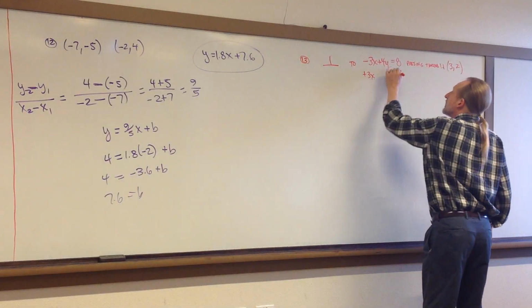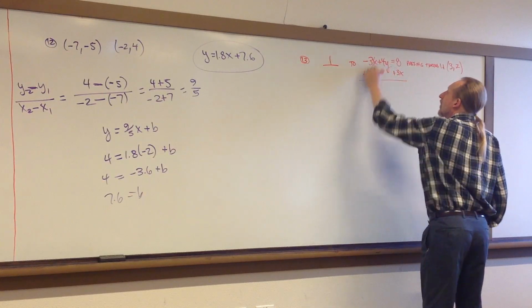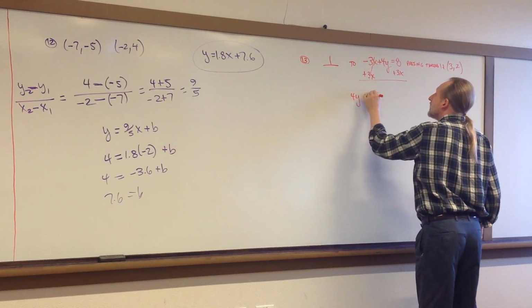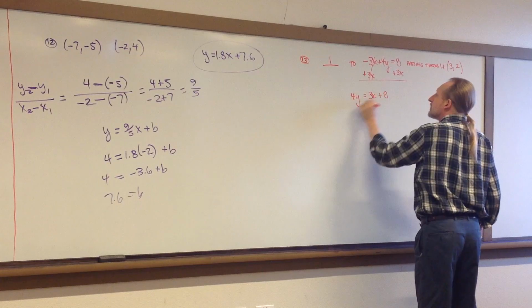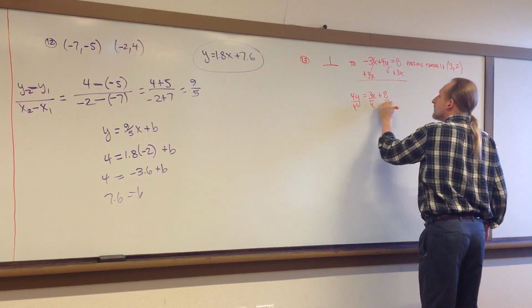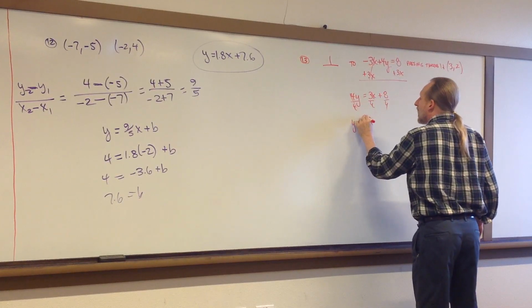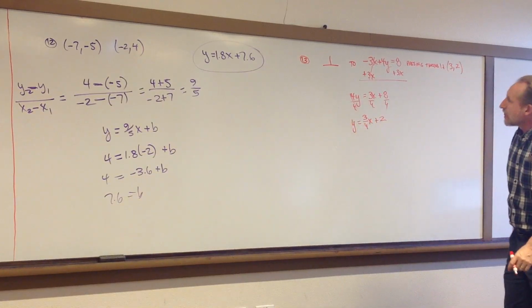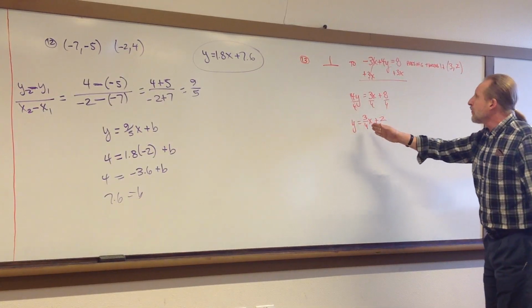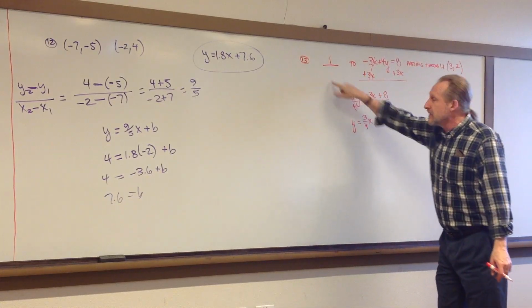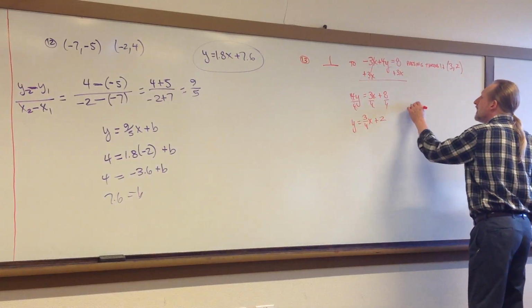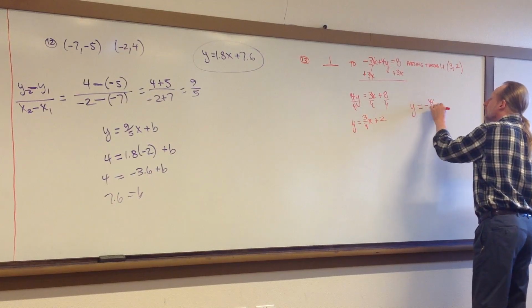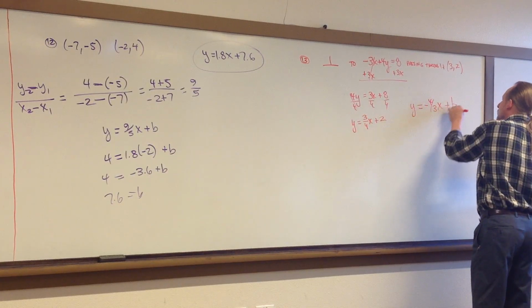Let's get the x on the other side. 4y is 3x plus 8. Divide everything through by 4. y is 3/4 x plus 2. All right, so the slope of this line is 3/4. The slope of the line perpendicular to that will be negative 4/3, the negative reciprocal.